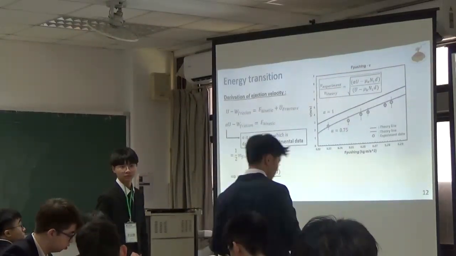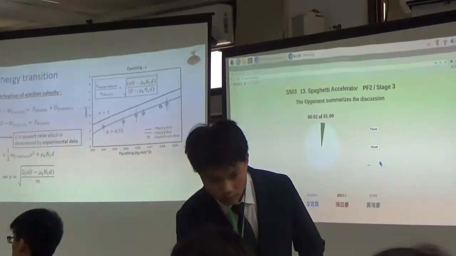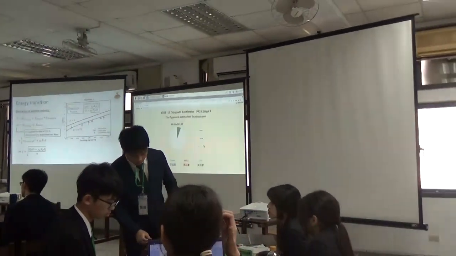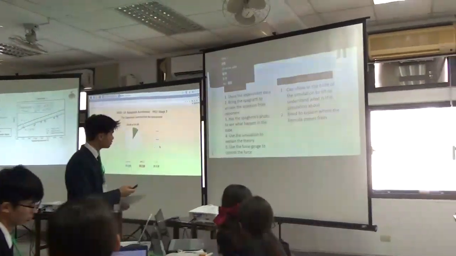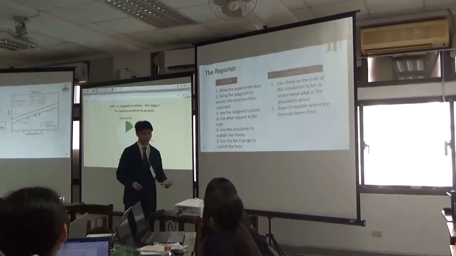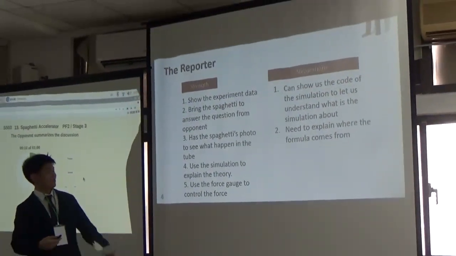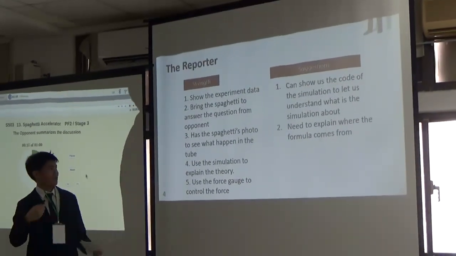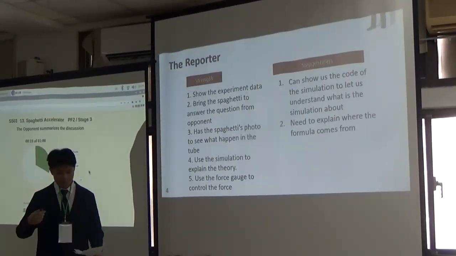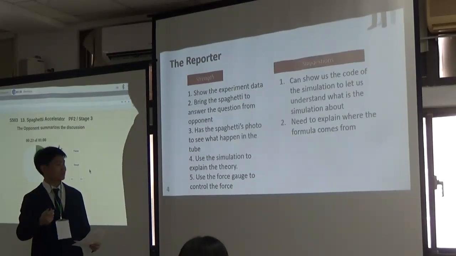Opponent summary, please. Okay, I have a suggestion to the reporter. Maybe he can show more experiment data there, so many people can clearly know how to get a chart.